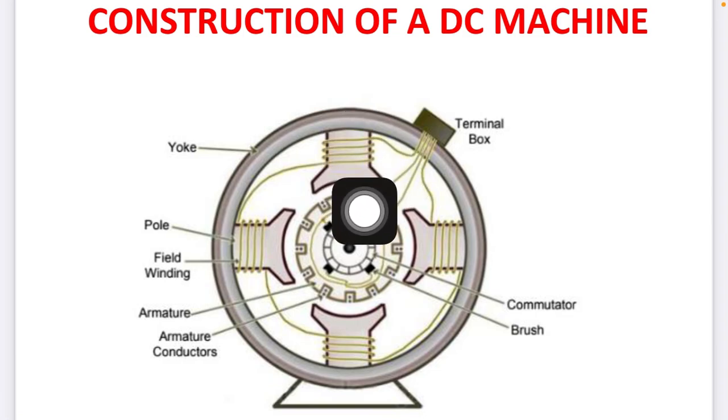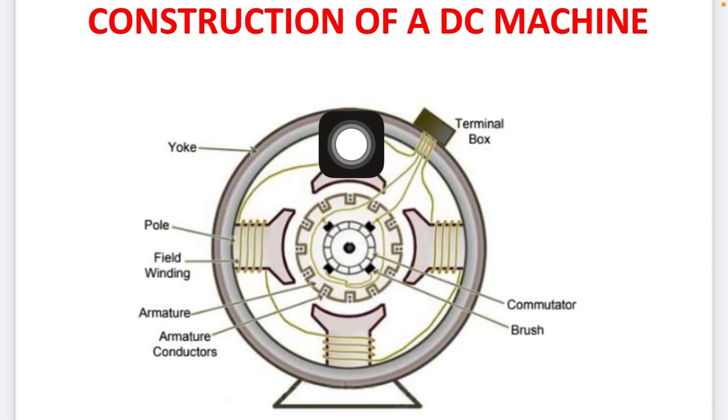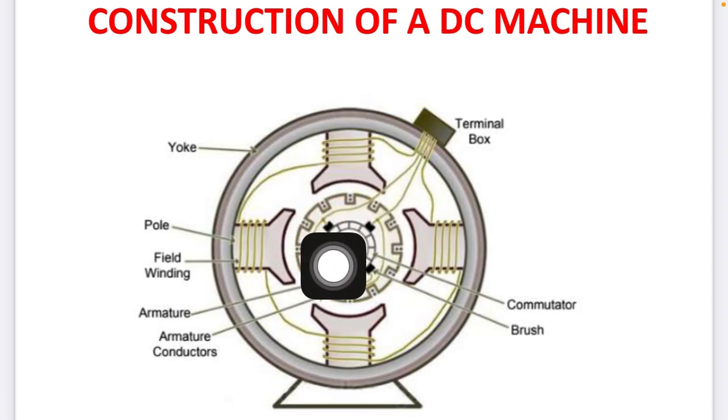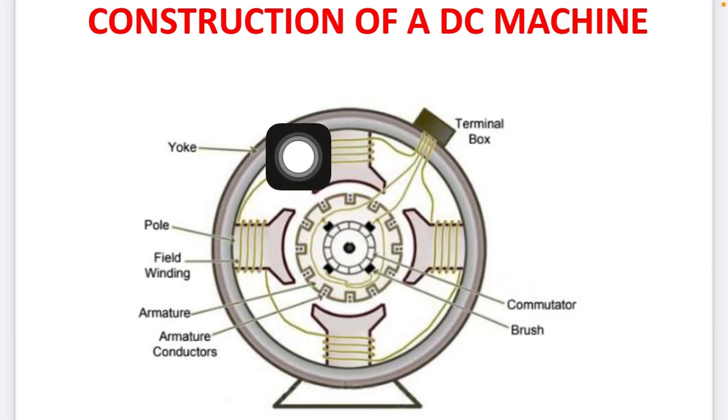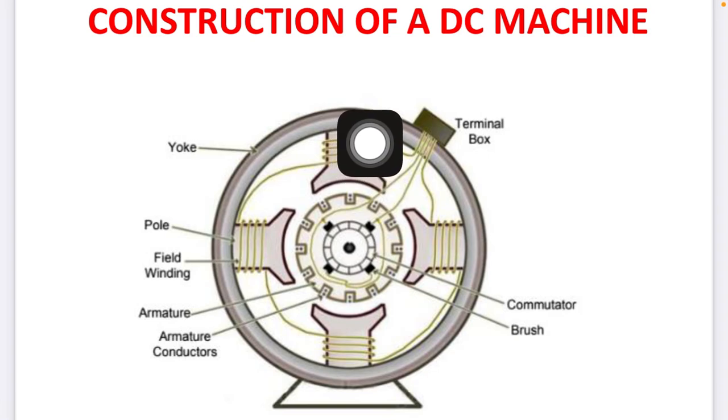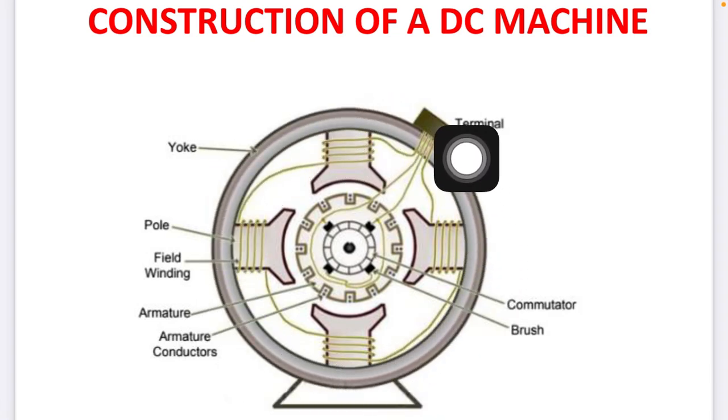The end of each pole is called the pole shoe, which has a slightly larger, spherical area so that the magnetic field is spread out. These 4 poles with pole shoes are mounted on the yoke, which is the body of the machine.